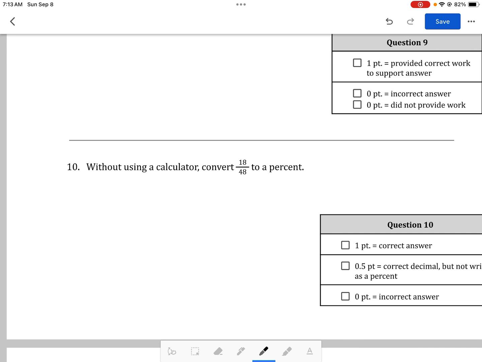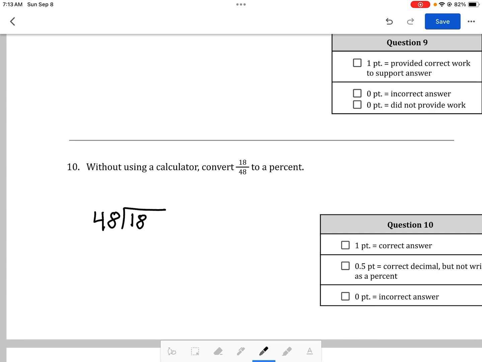And lastly, it says convert 18 divided by 48 to a percent. Remember, fractions are the same as division. The denominator always goes on the outside of my division box. My numerator goes on the inside. I need to figure out how many times 48 can go into 18.